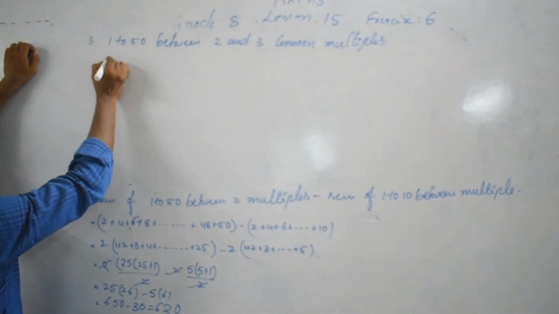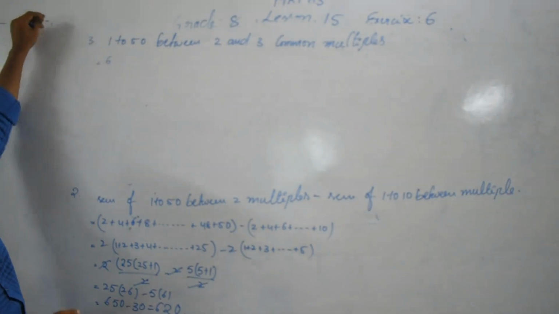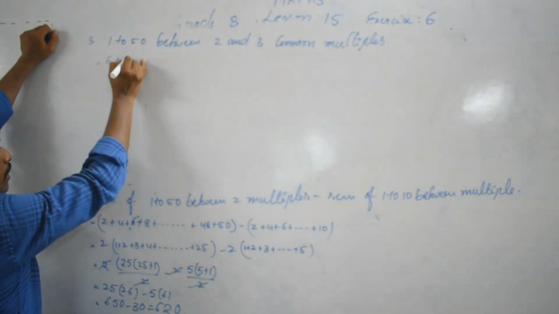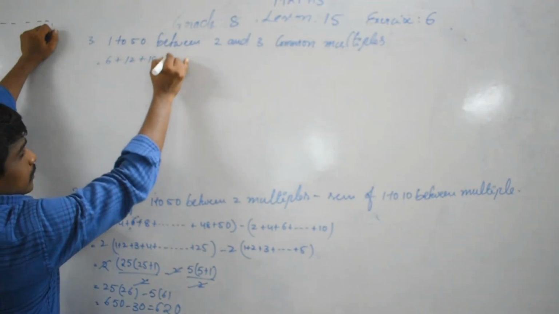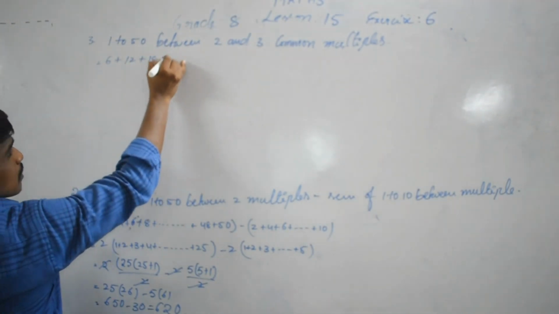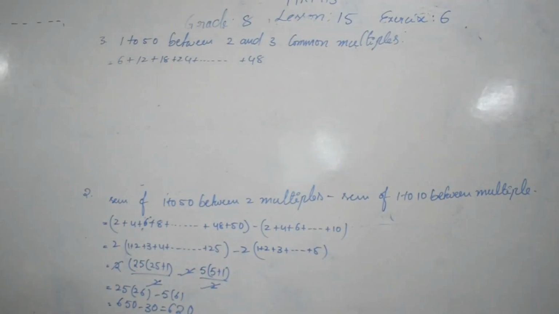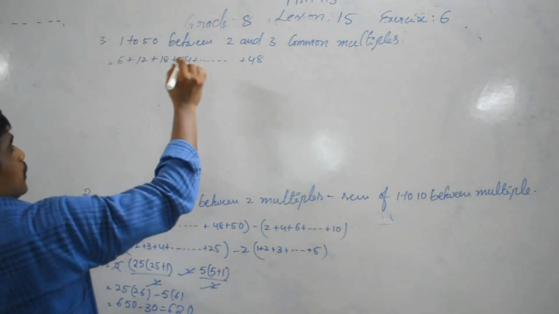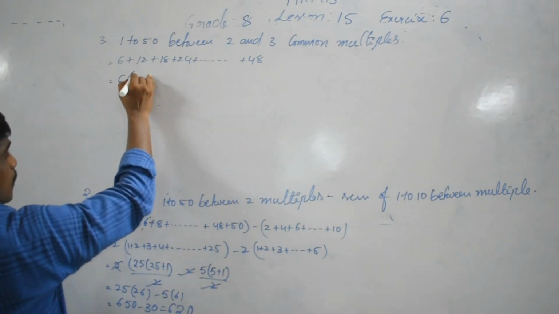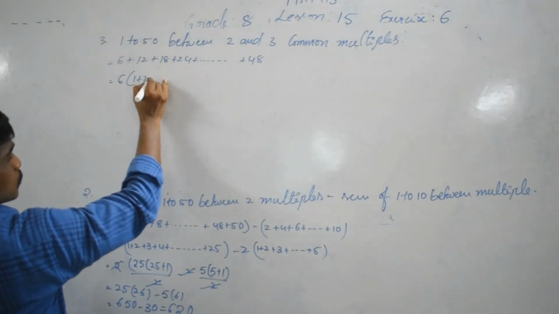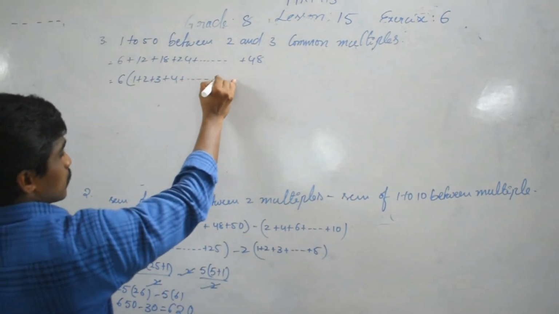So, 6 is a common multiple of 2 and 3. Next 12, next 18, next 24, and so on up to 48, within 1 to 50. So here 6 is common: 6 times (1 plus 2 plus 3 plus 4 plus ... plus 8).